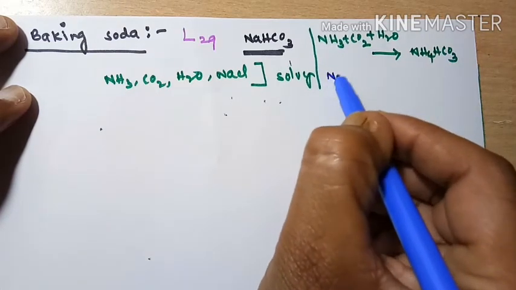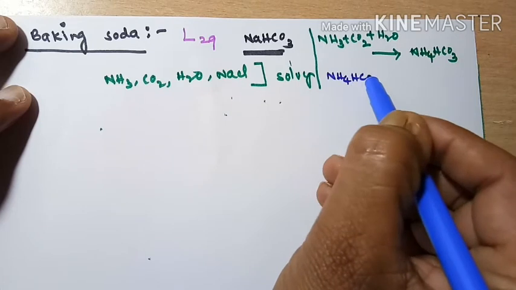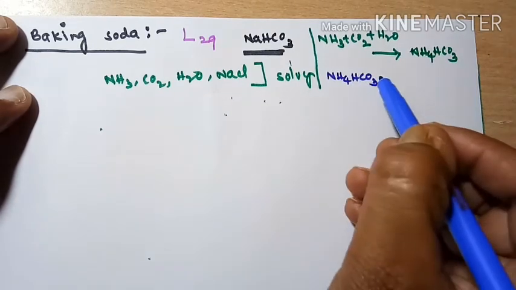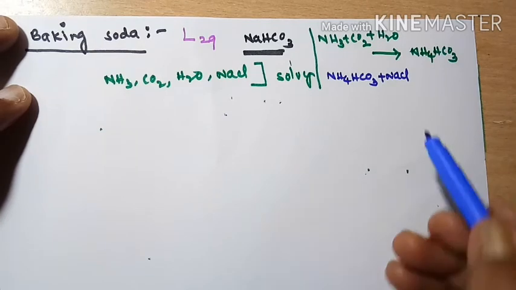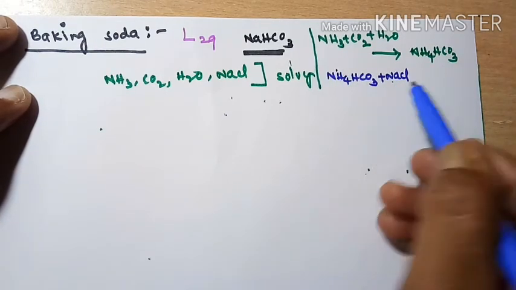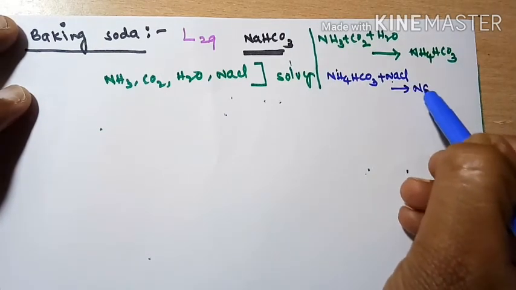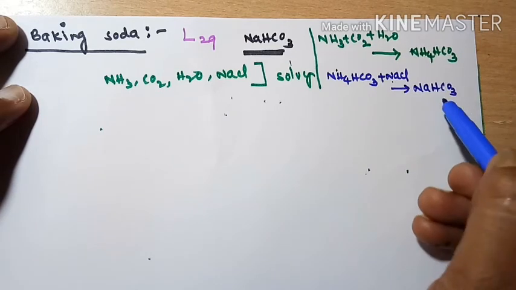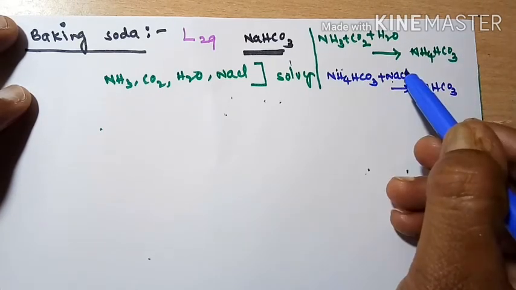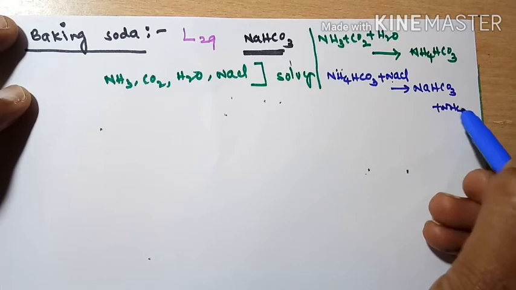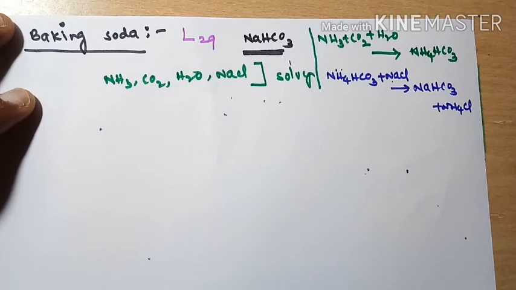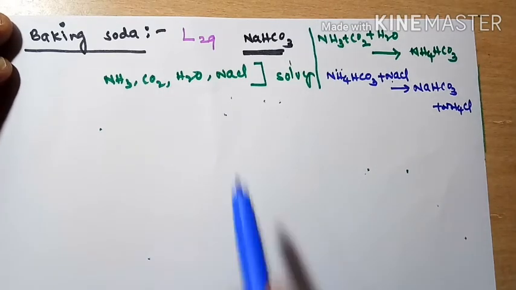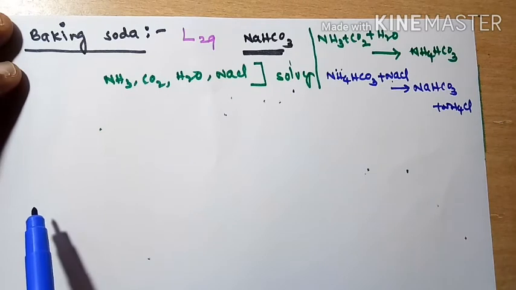When this ammonium bicarbonate is treated with sodium chloride, the ammonium is replaced by sodium and we get sodium bicarbonate plus ammonium chloride. In such a way we prepare sodium bicarbonate, in the Solvay method.